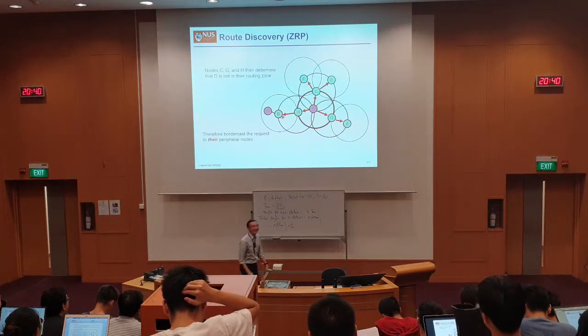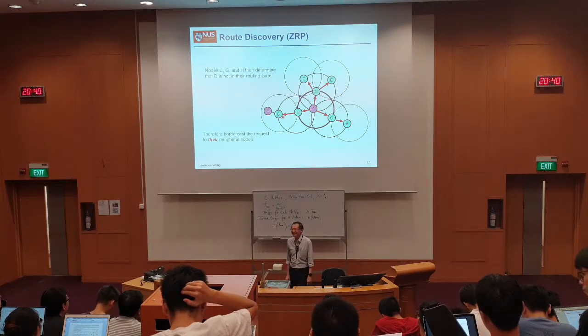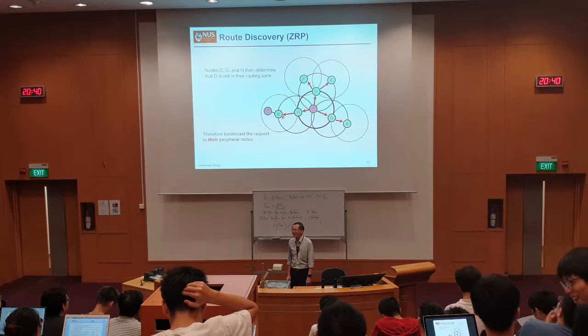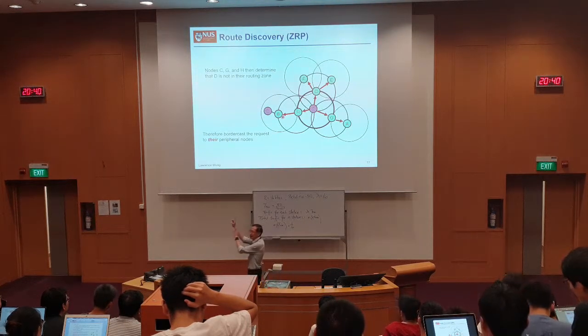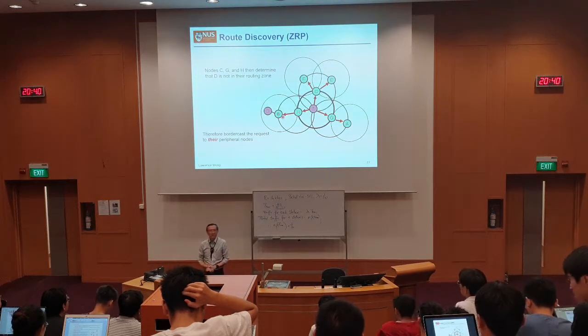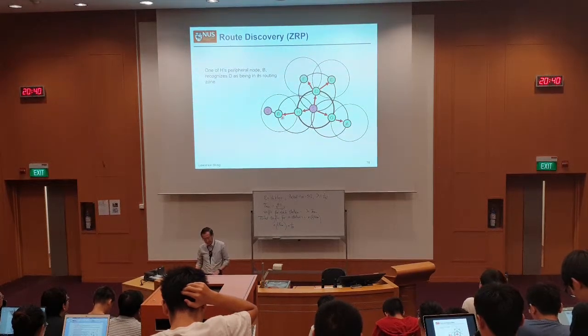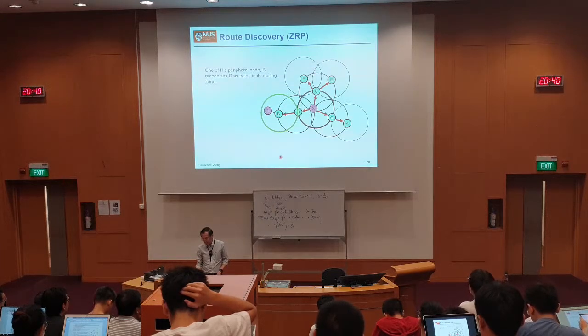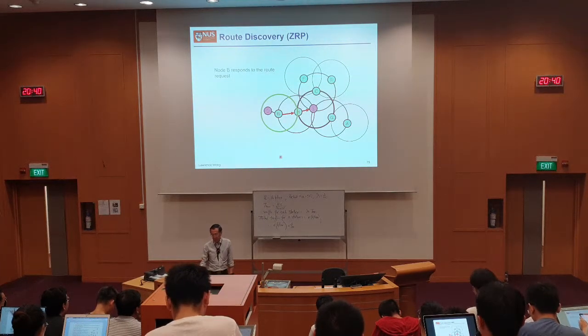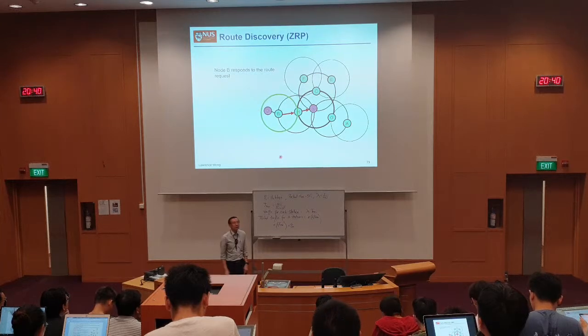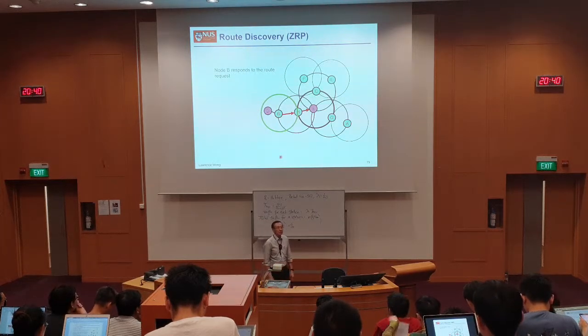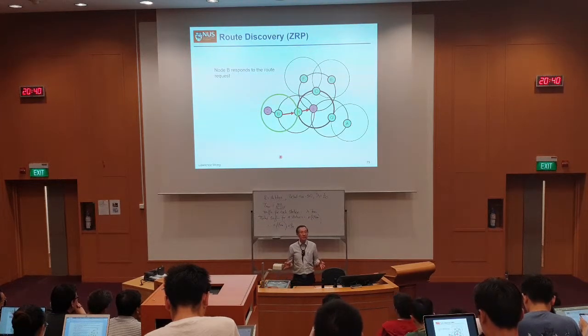Hey, I know D, I know where D is. So now you have to reply back to S. That is what ZRP is. You found it already. And then you have to reply back to S. Got the idea?